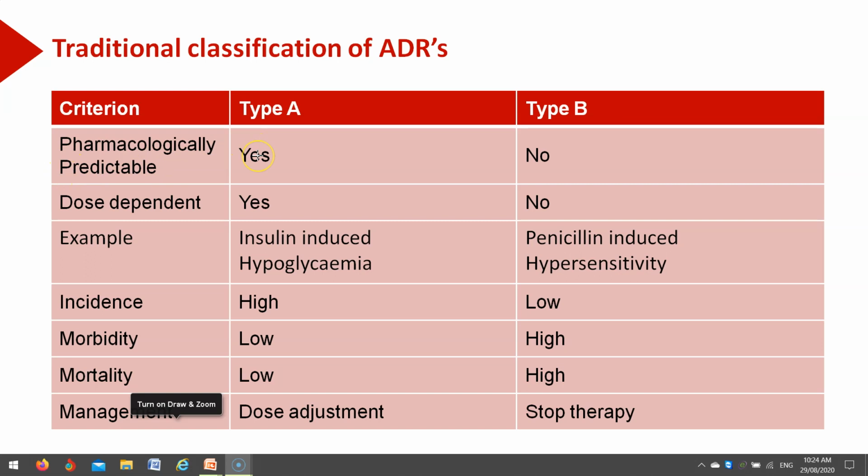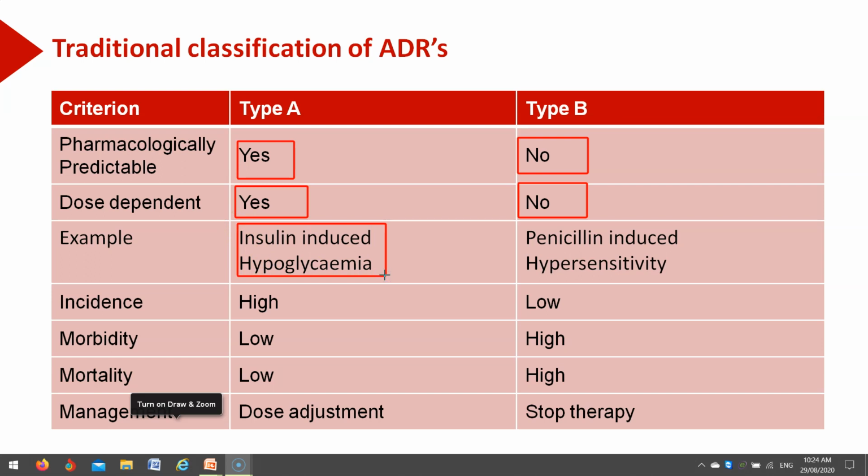Pharmacologically, type A reactions are predictable in nature, and type B reactions are not predictable. Mainly the type A adverse drug reactions are dose dependent, whereas type B adverse drug reactions are not dose dependent.